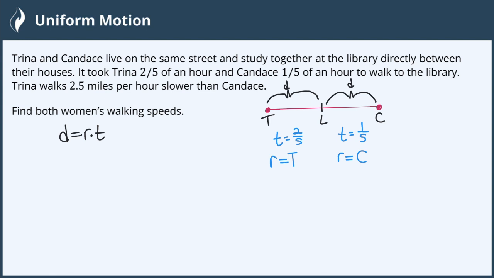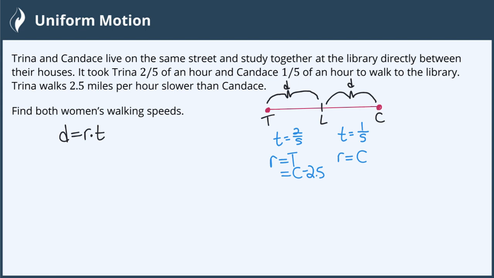Trina walks 2.5 miles per hour slower than Candace. So that means that Trina's speed is really C minus 2.5, because she's moving more slowly.